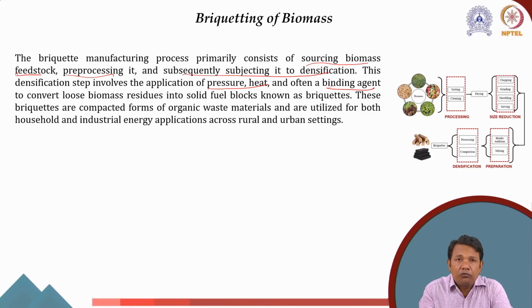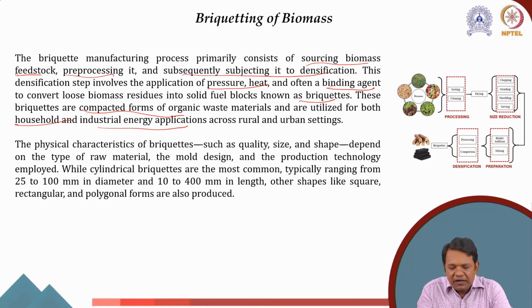Of course, we don't want to lose the biomass residue. We want to hold it together, so this is needed to convert it into briquettes. These briquettes are compacted forms of organic waste materials which are utilized for both household and industrial energy applications across rural as well as urban areas.